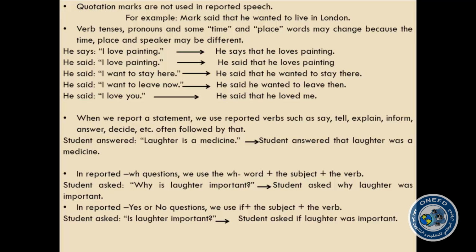We say the student asked, why is laughter important? This is a WH question. So how do we report it? We say the student asked why laughter was important. Or we can say students asked why or what.